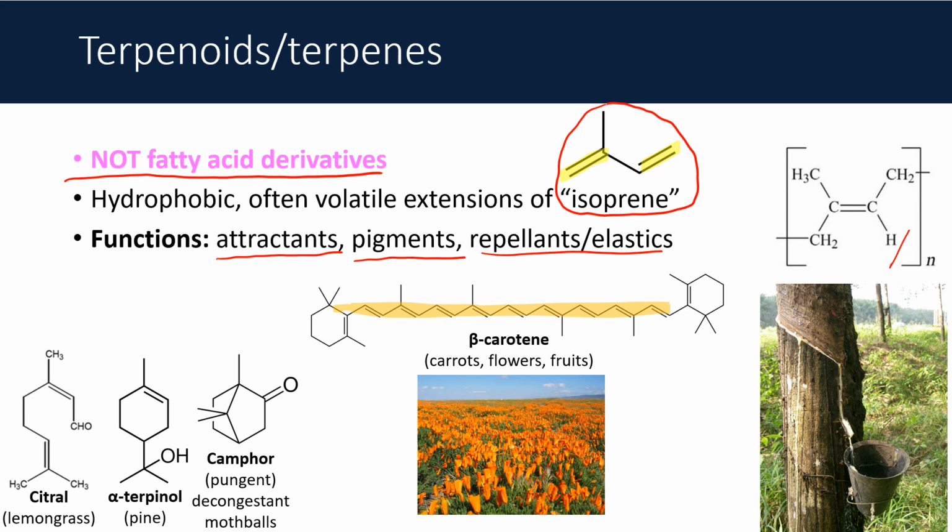So the latex tree is going to create this polymer of isoprene and inject it into the sap. So when animals try to bite the tree and get a bunch of sap in their mouth, it's going to glue their mouths shut, and then they die.